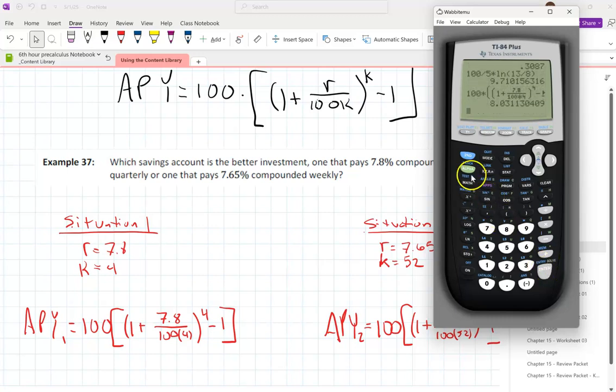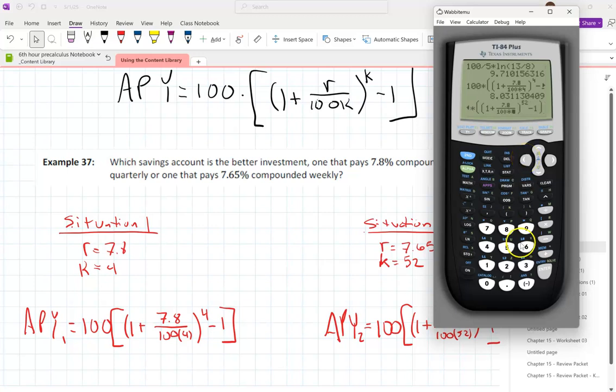If it's a loan, you want the smaller. If it's going to mean the money you have to pay back, you want that to be small. If it's an investment and it's money going in, you want that to be big.